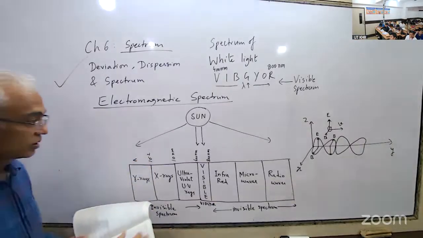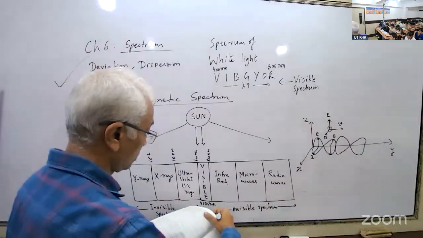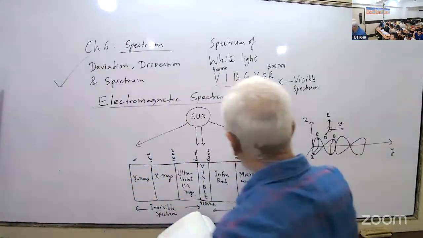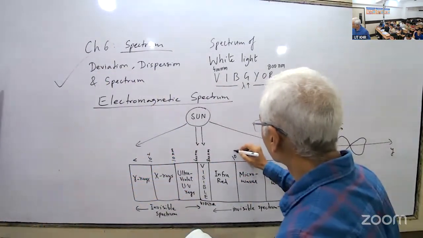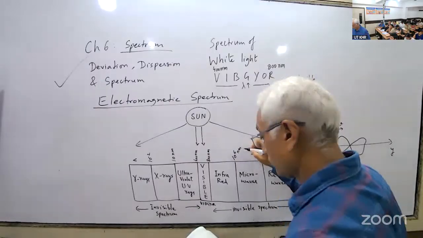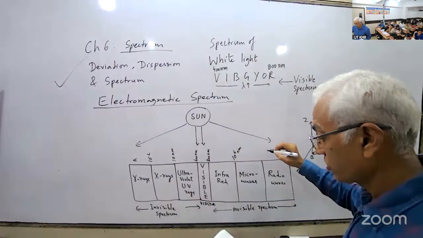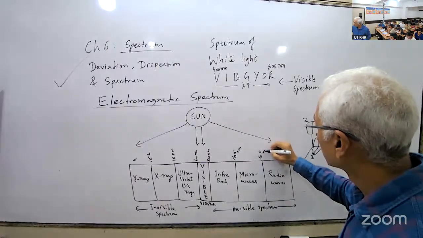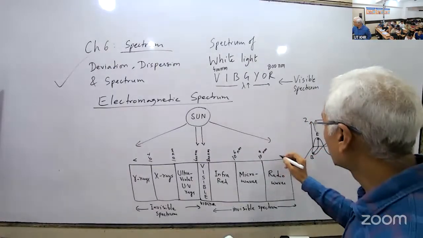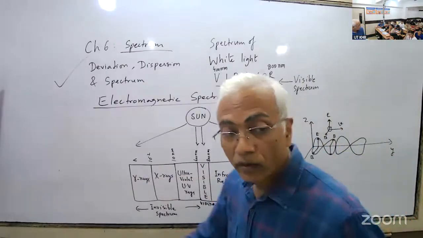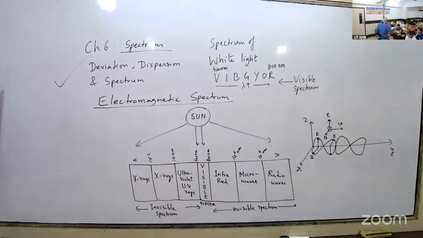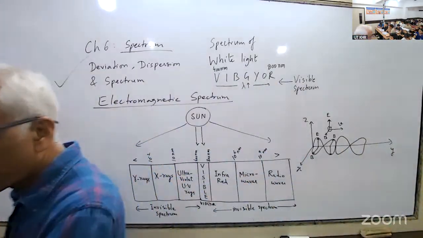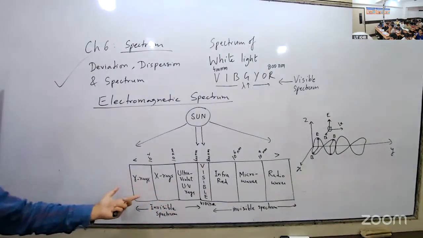Okay, and here, this becomes 10 raised to 6, 10 raised to 9, and greater than. So try to memorize this. I have difficulty remembering this, but just keep this range of wavelength in mind, right?